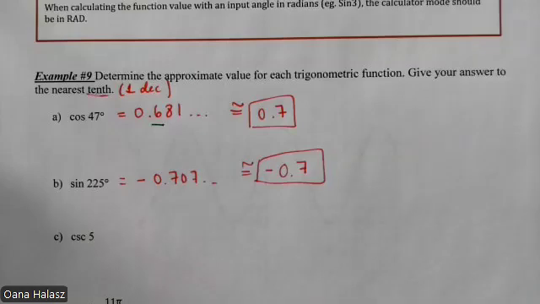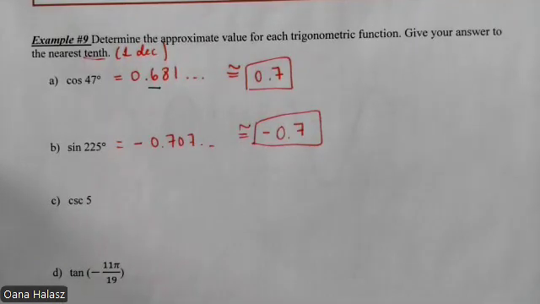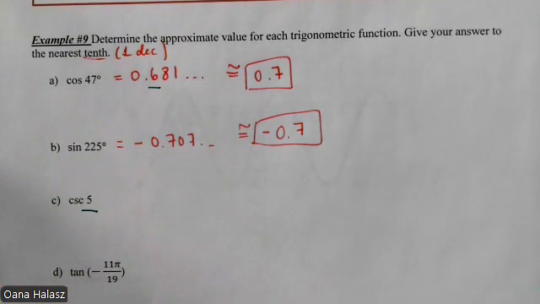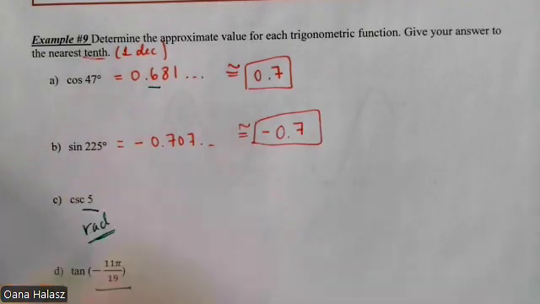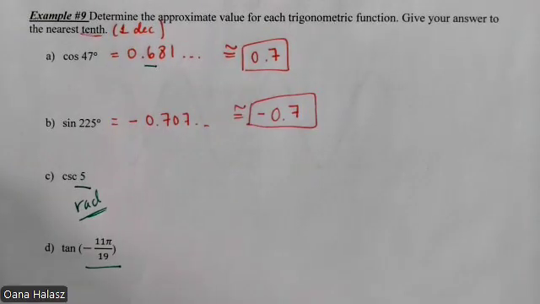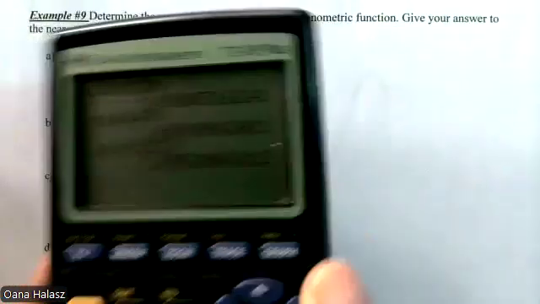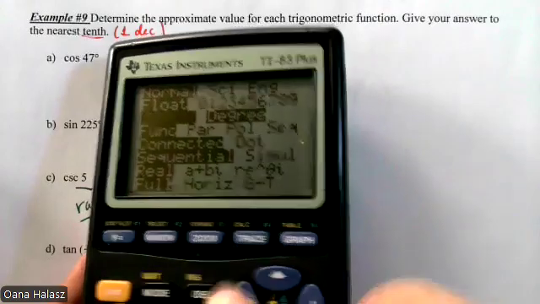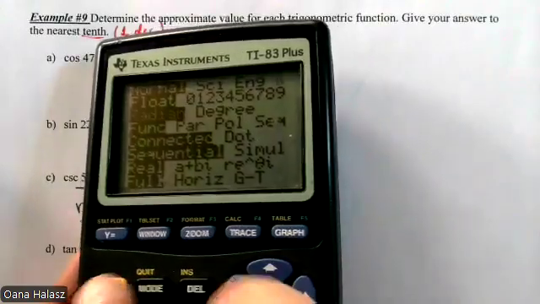Okay, moving on. Cosecant of 5. Pay attention. There's no degrees sign attached to 5. There's no degrees, so that means the input is in radians. You want to make sure your calculator is set up as radians. Otherwise, it will understand you put 5 degrees, which is not the same thing as 5 radians, okay? So I switch my setting to radian.